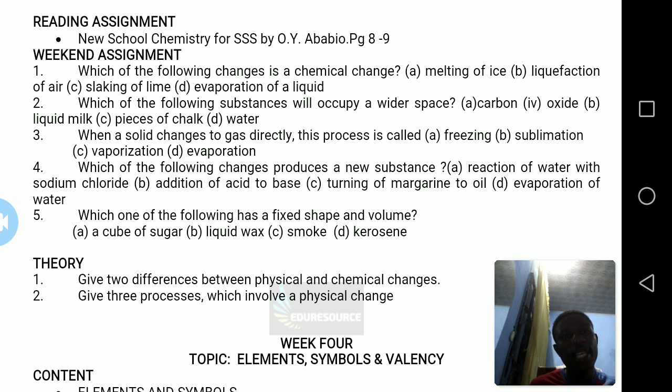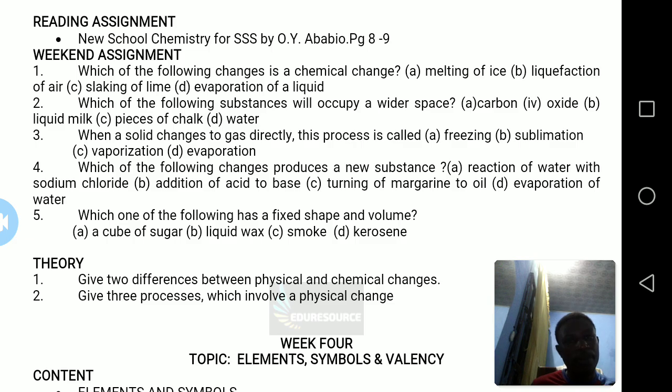C. Slaking of lime. D. Evaporation of a liquid. So what do you think is the answer? Put it on your book.